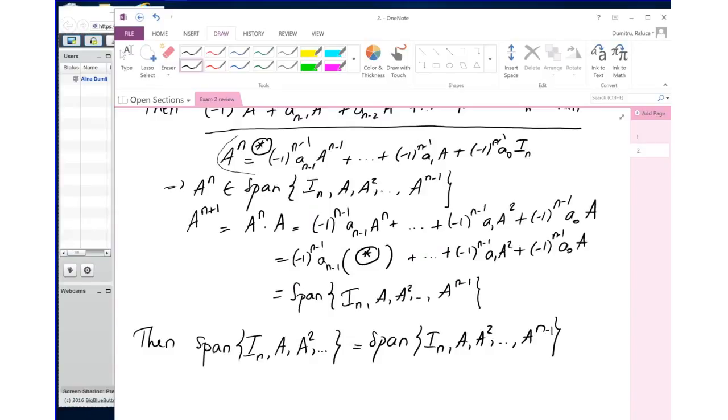And maybe you can eliminate more than this depending on the actual characteristic polynomial, but I don't have any control there. I don't know anything about it.